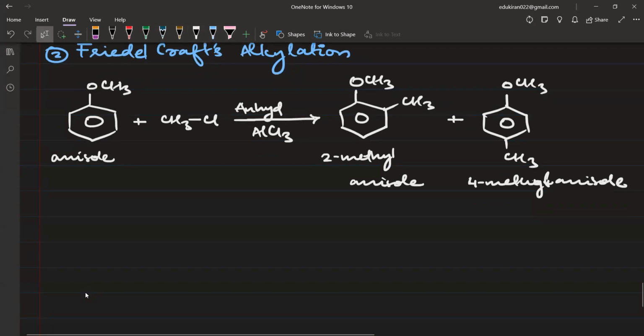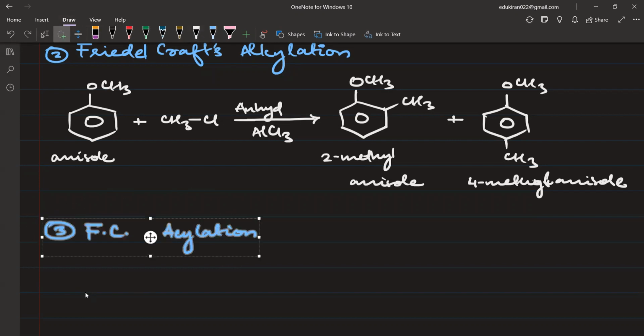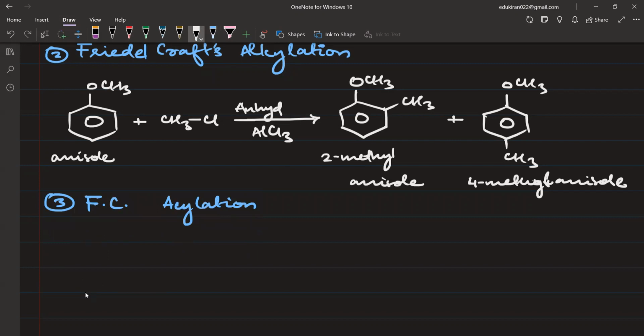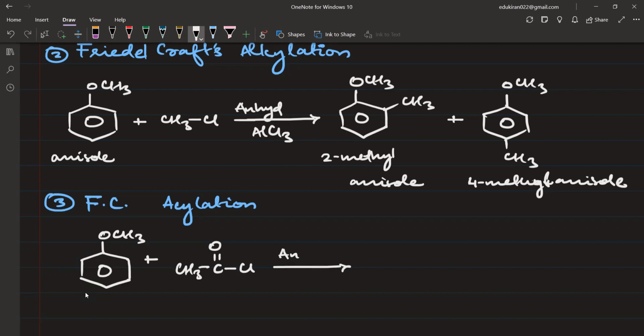Third one, Friedel-Crafts acylation. In Friedel-Crafts acylation, OCH3, CH3 C double bond O, Cl, again in the presence of a halogen carrier, anhydrous AlCl3.